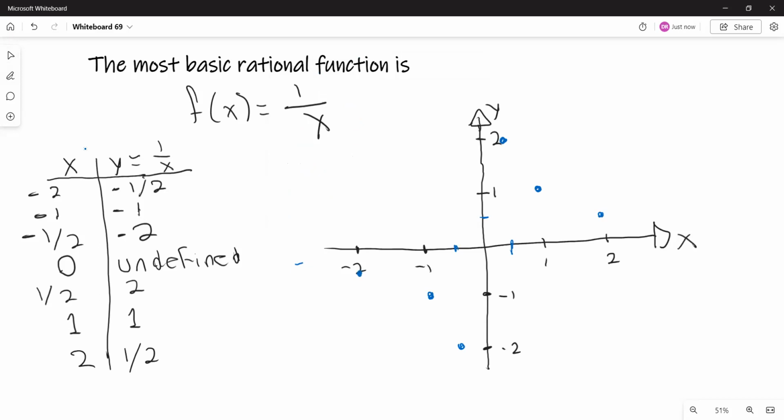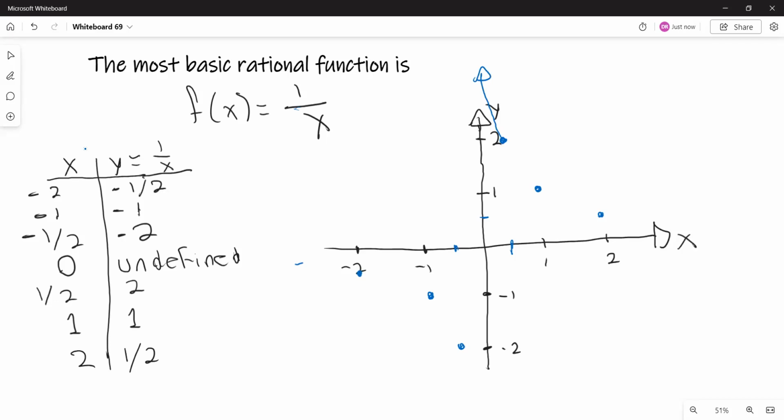When x gets closer and closer to 0 and remains positive, y is going to keep increasing. Like let's say 1/10 is going to be 10, 1/100 is going to be 100, and so on. So as you get closer to 0, y will keep increasing.